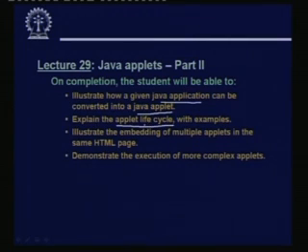See, applet resides within the browser. So, what are the different states of an applet and how the states move from one to the other, and when the applet terminates, how it terminates, and so on. All these things were explained with examples. And then we showed how multiple applets can be embedded within the same HTML page and how they can interact among themselves, more complex applets.